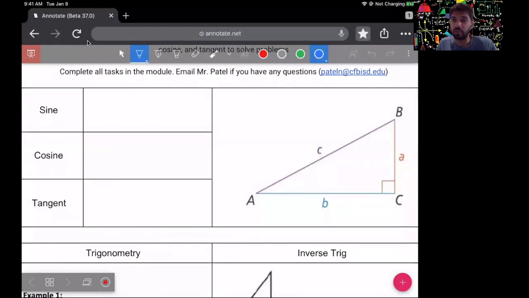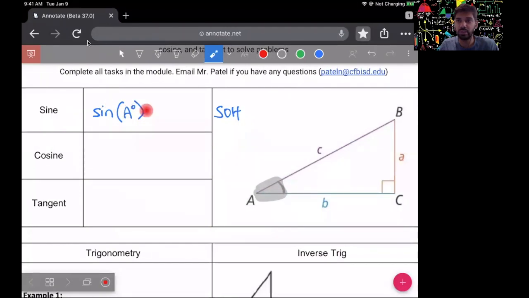We use an acronym or a little phrase to help us understand this. For sine, we use the letters S-O-H. The S stands for sine, the O and the H stand for opposite over hypotenuse. I'm going to focus in on angle A, sine of angle A. I'm going to put degrees in there because this angle is measured in degrees.